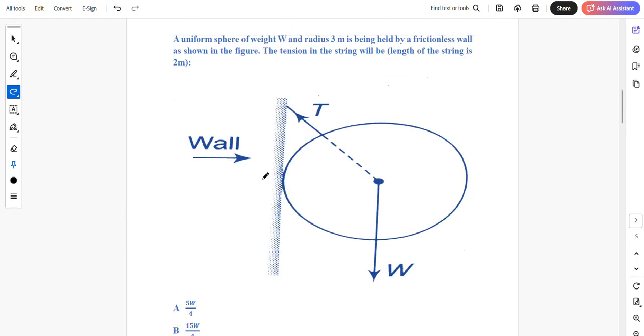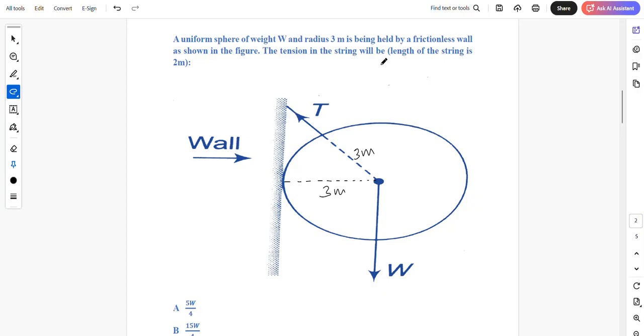Let us do one problem on the same thing. A uniform sphere of weight W and radius 3 meter is held by a frictionless wall as shown in the figure.